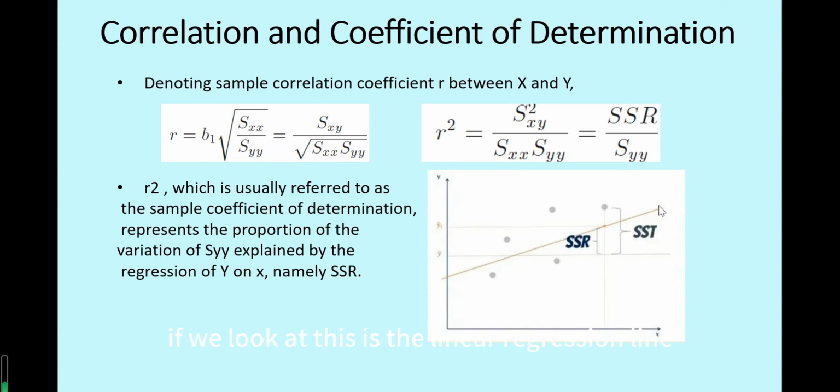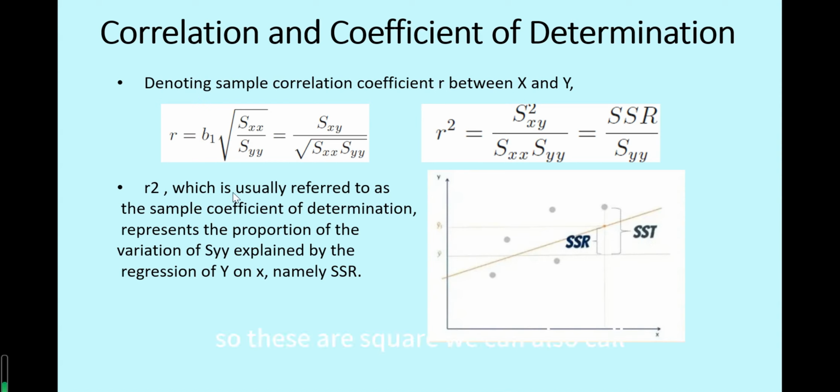If we look at this, this is the linear regression line, and this is the y mean value. This part is SST, the total y variation. Then this is the SSR, and another part is SSE. So SSR is the variation of the model that explains the total variance of y.